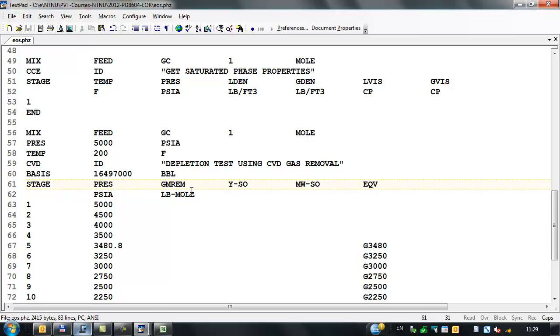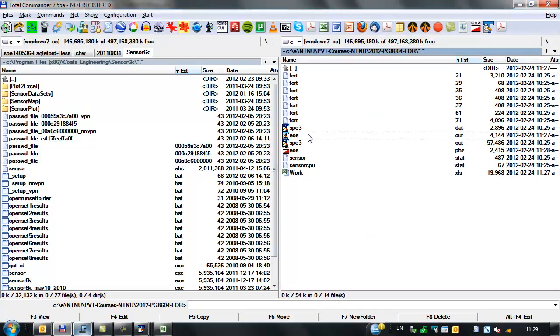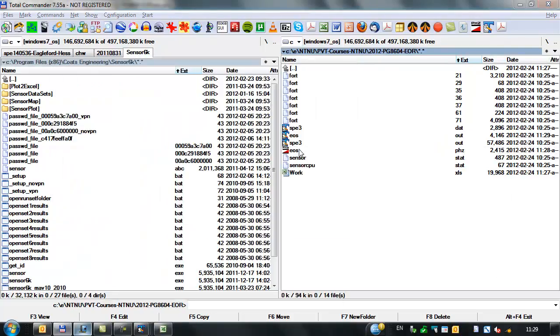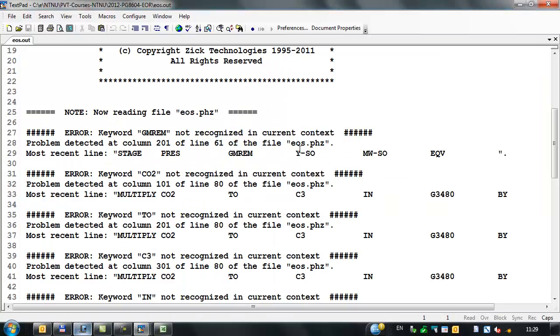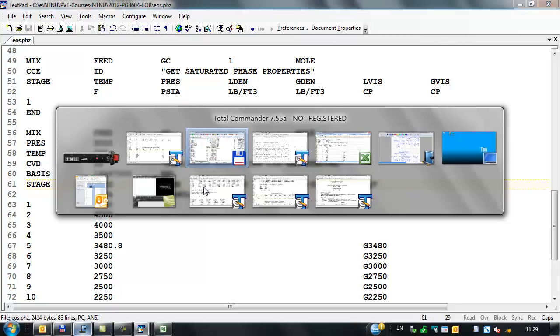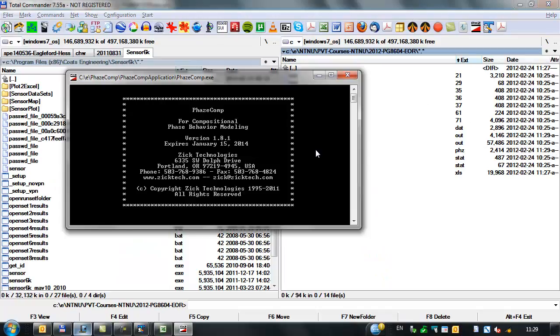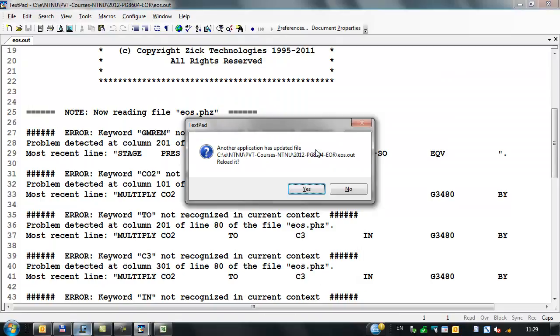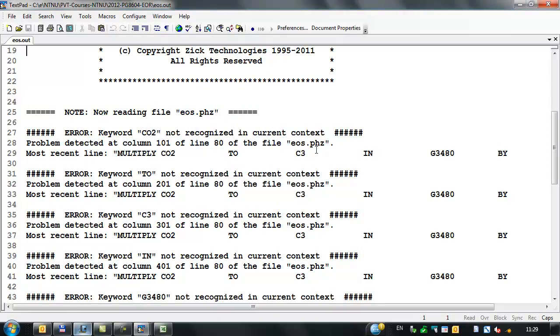Gas moles removed. Maybe it's just moles removed. Yes, moles removed. CO2.